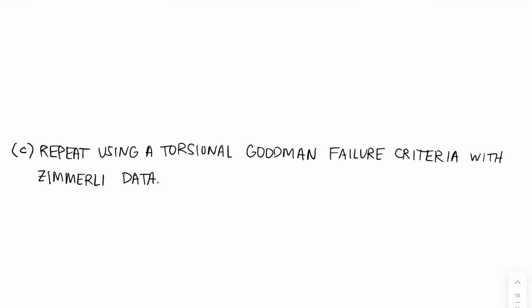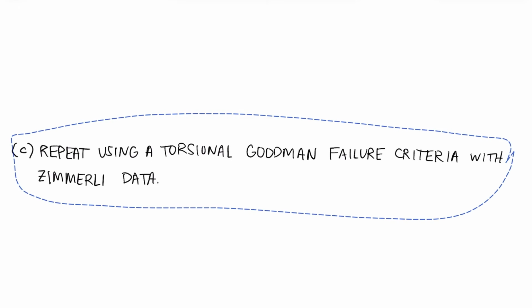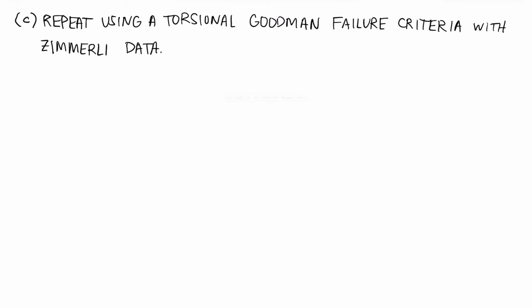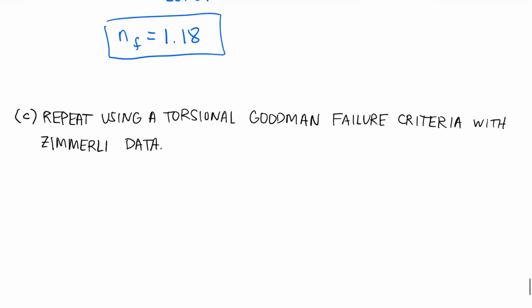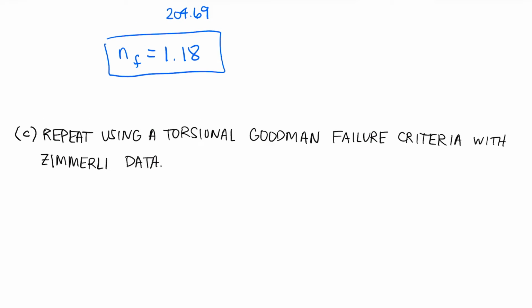And now we're asked to repeat again. So we're just going to rinse and repeat using a torsional Goodman failure criterion with the Zimmerli data again. So we know the Goodman failure criterion.